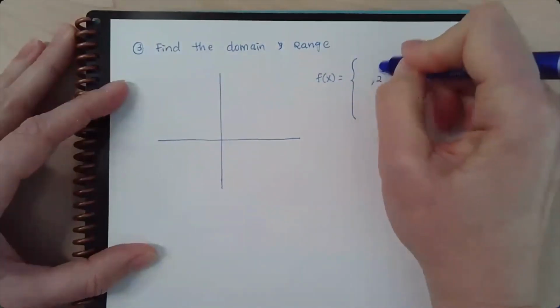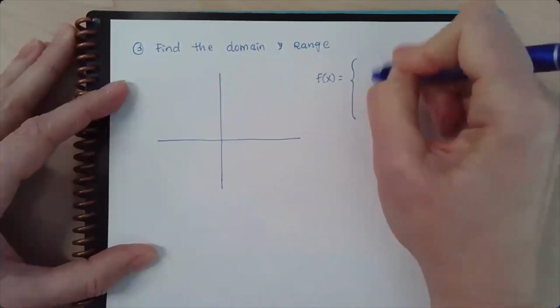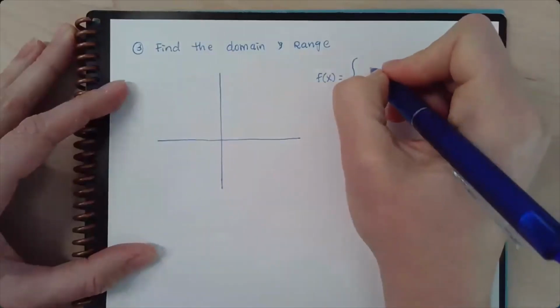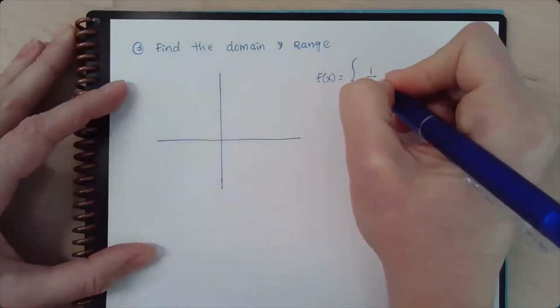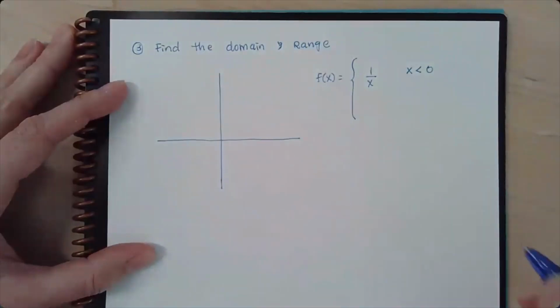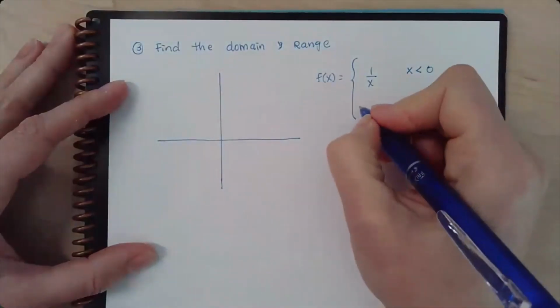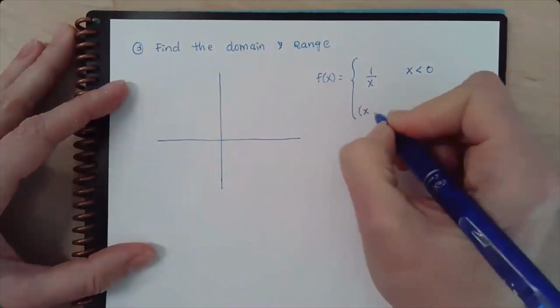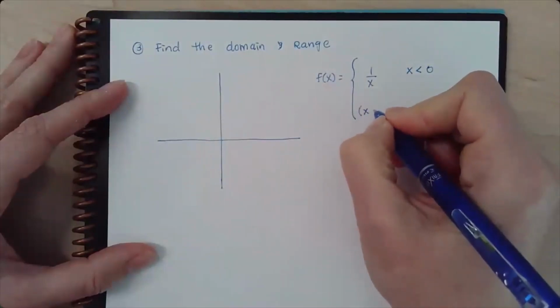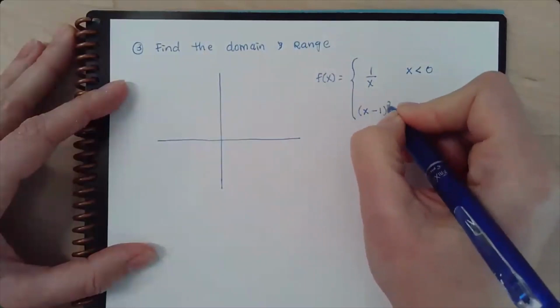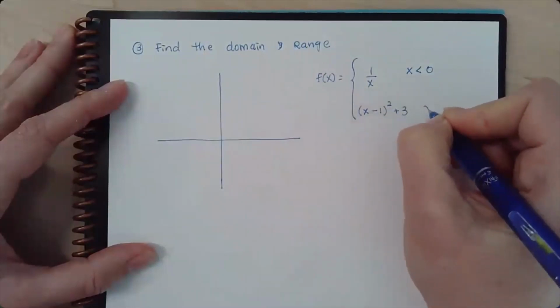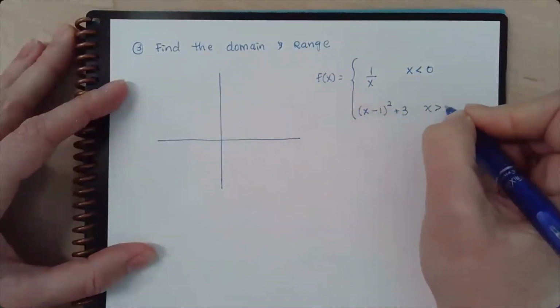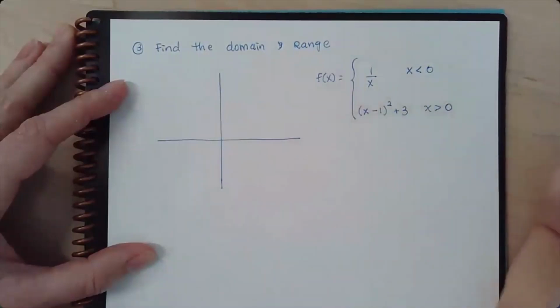Sorry. We're just going to make it 1 over x. I'm not going to try to make it fancy. Okay, 1 over x for x less than 0 and x minus 1 squared plus 3 for x greater than 0. And I'm going to sketch the graph for us.